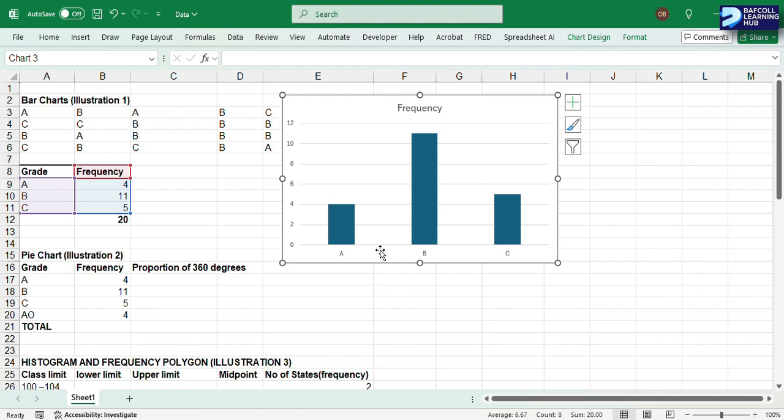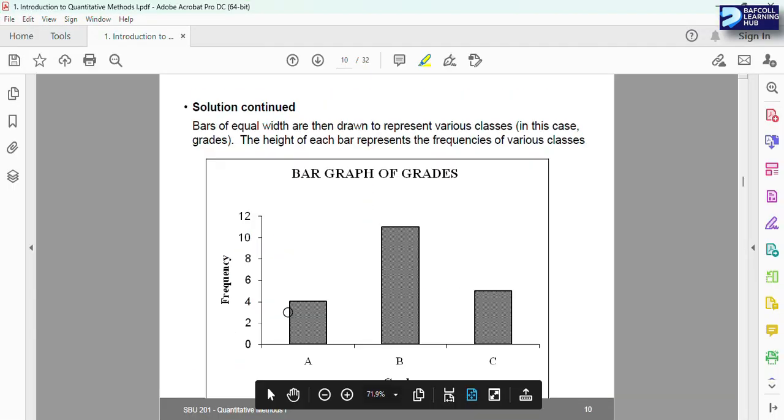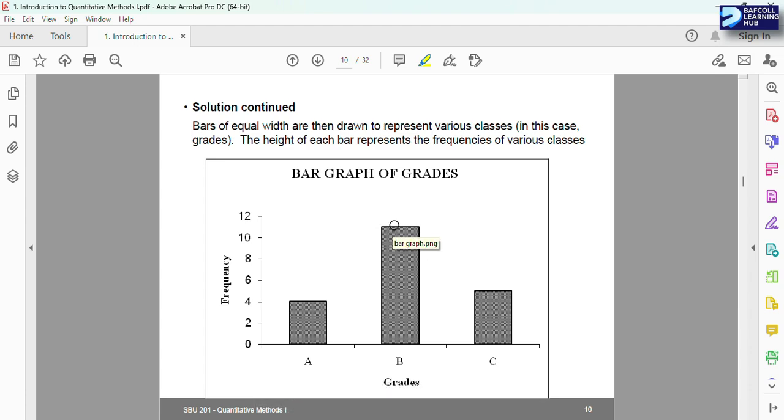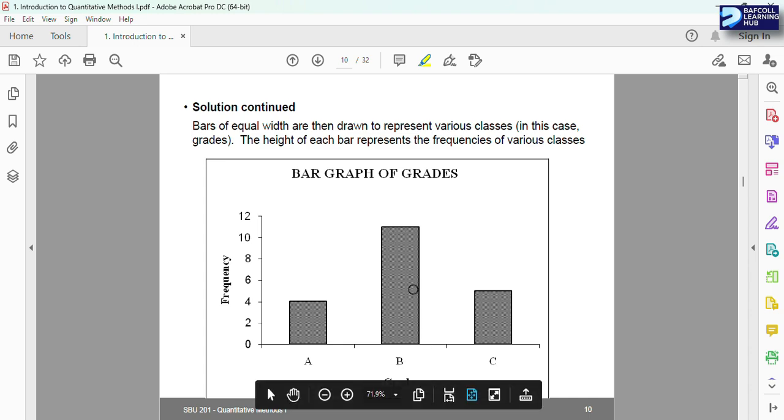Now, for a bar chart, you can see that the height of the bar that we are seeing over here gives information about the frequency. The higher the bar, it means that the frequency of that grade is higher.